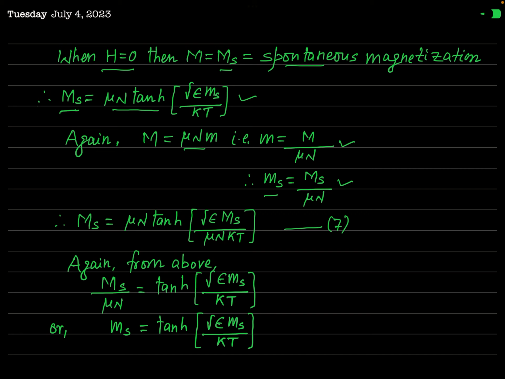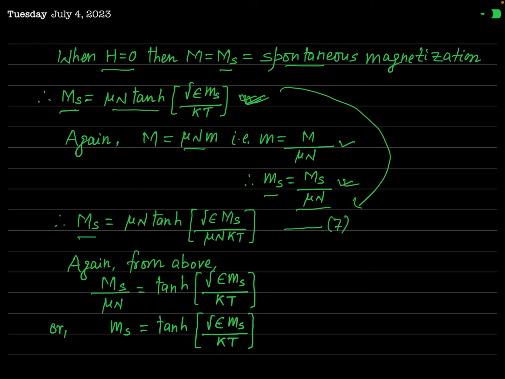Therefore, instead of this ms in this result, you can substitute Ms divided by mu n. So this result can now be written as Ms equal to mu n tan hyperbolic (gamma epsilon capital Ms divided by mu n kT). I have used this result.